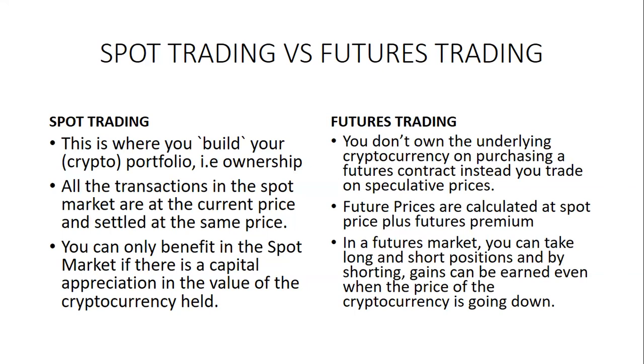But futures prices are calculated as spot price plus futures premium. It doesn't just take the current market price into consideration. It's like you're predicting that, okay, in the future this is supposed to happen, and then you're betting on that. If it goes your way, you make money. If it goes against you, you lose. That's the whole idea that we're going to do practically.